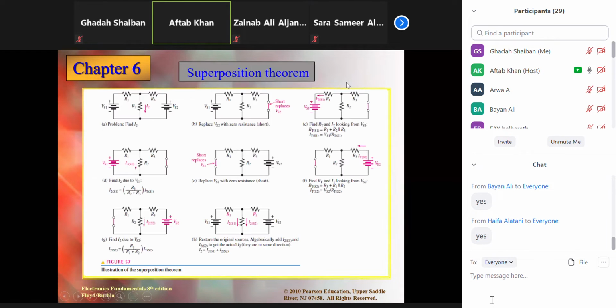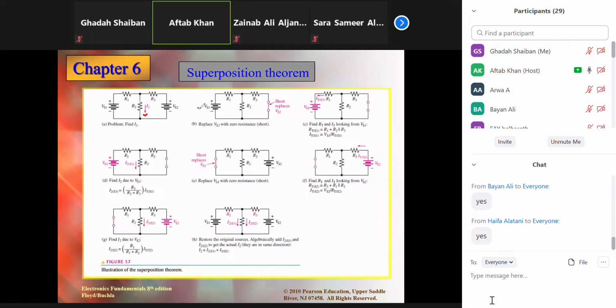So these are the steps to apply the superposition theorem. See now. So let's consider this is a circuit given, multiple sources. You can see two voltage sources are given, and we are interested to find this I2. All right. So here we will consider one source at a time, as I told you.